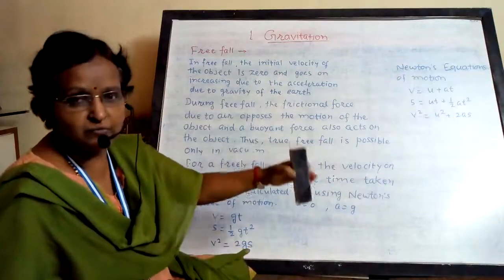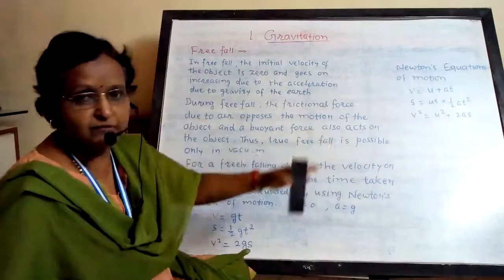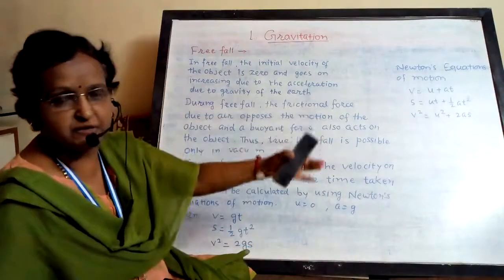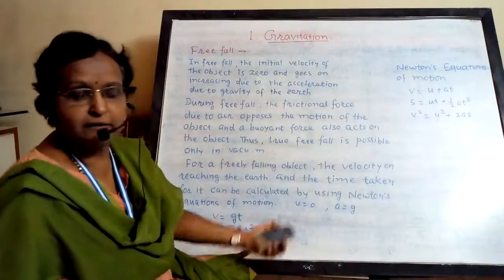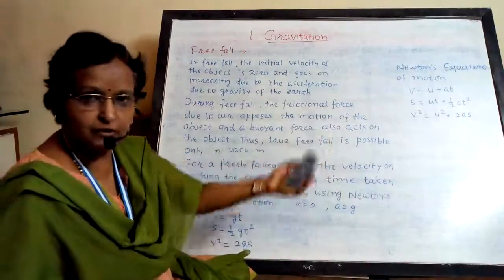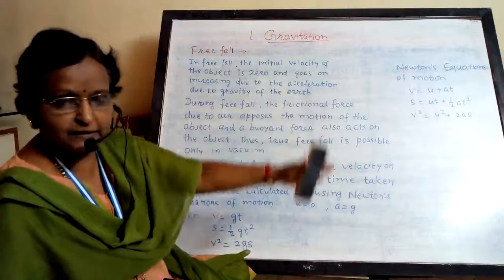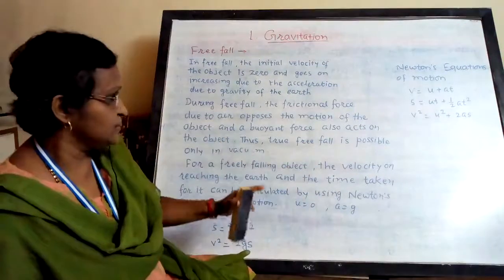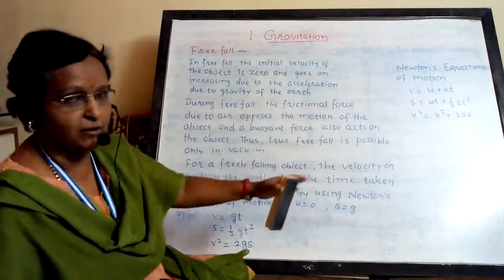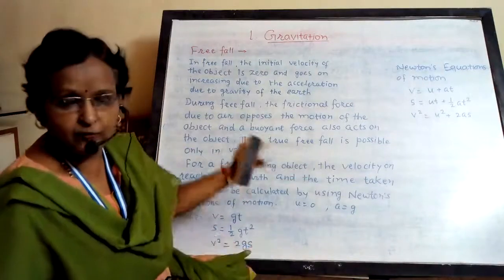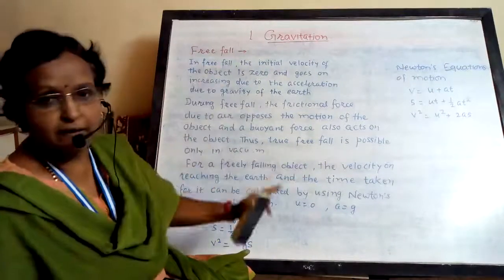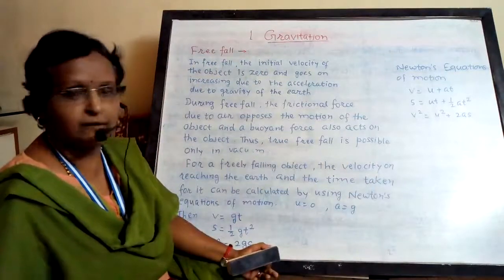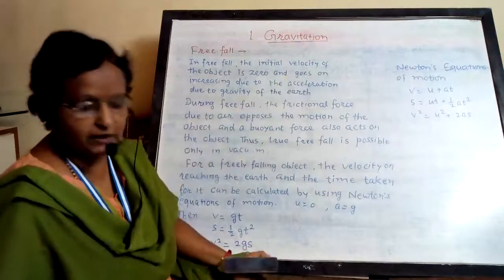When it is falling freely, the gravitational force is acting no doubt, but the frictional force given by the air and the buoyant force are also acting on the object, and it is freely falling towards the earth. Now the velocity of this freely falling object, and the time taken to fall on the earth, can be calculated by using Newton's equations.